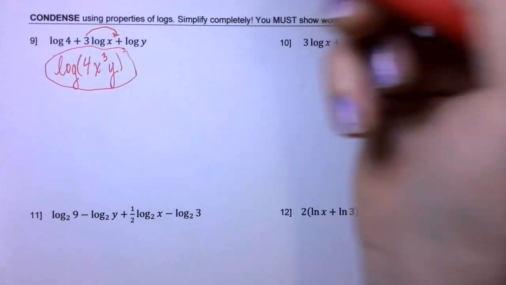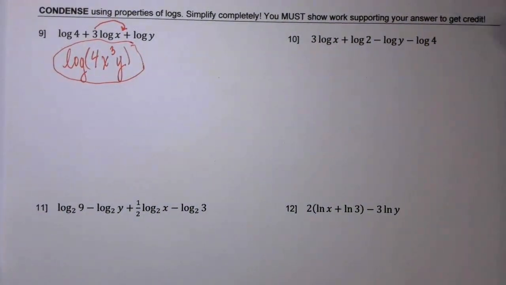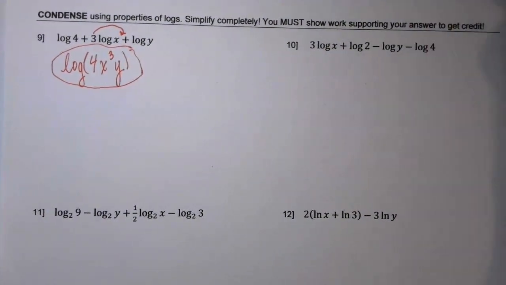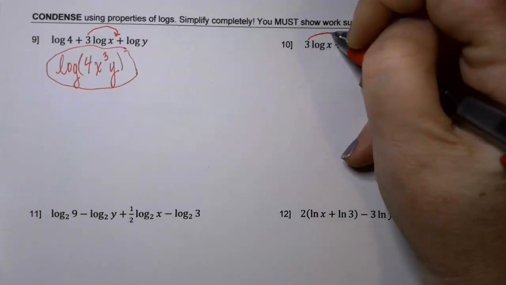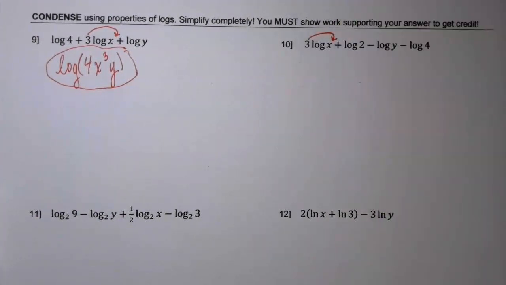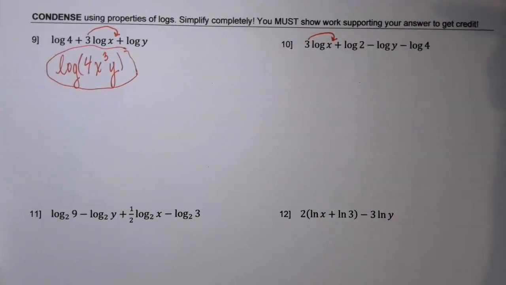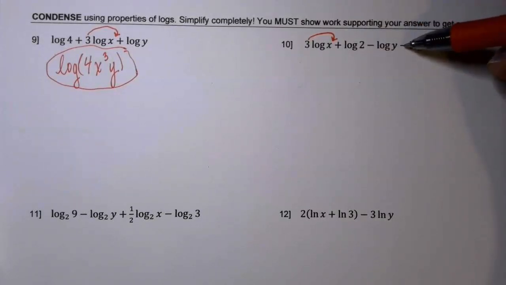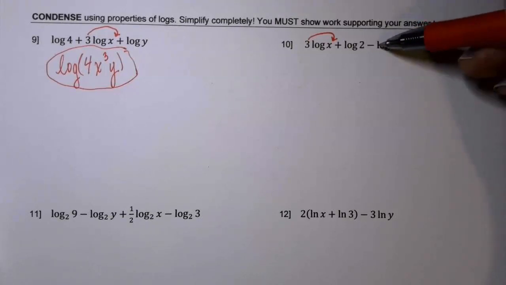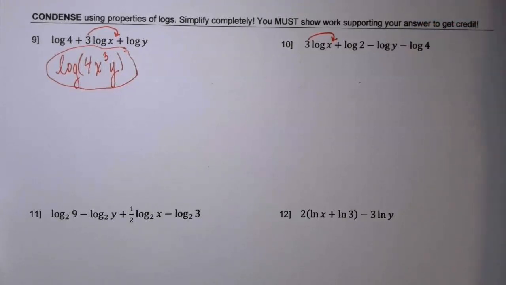Either way is fine. In example 10, we're going to use the power property on this coefficient of 3 and make that the exponent on the argument. And that is added together, so that's the product property. And then these subtractions mean that there'll be 2 values in the denominator of the argument of the condensed log.